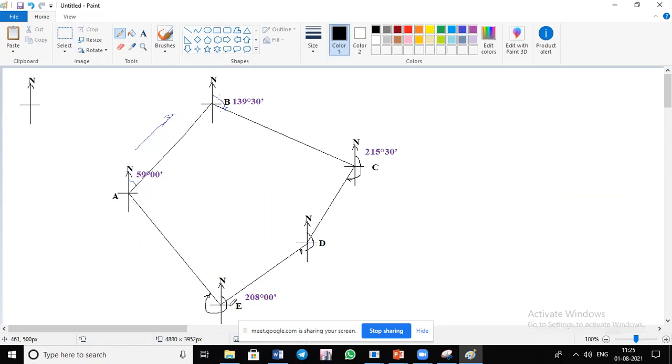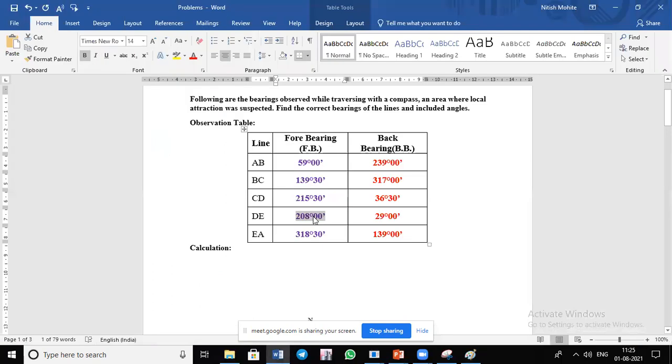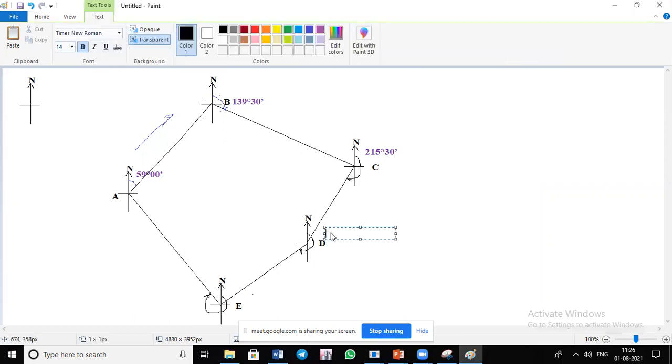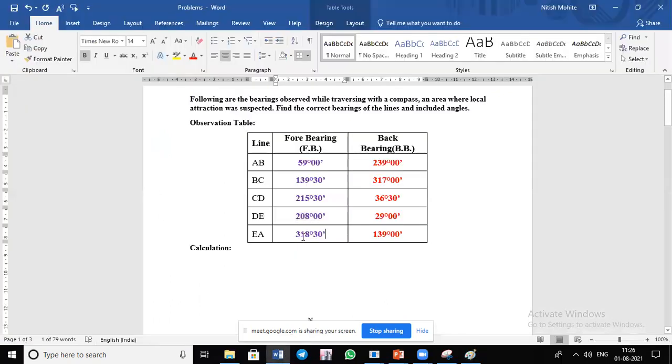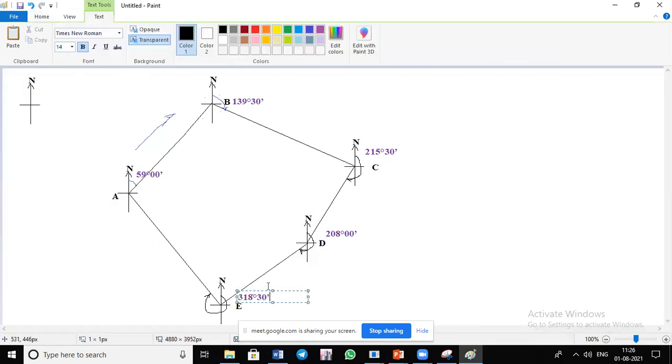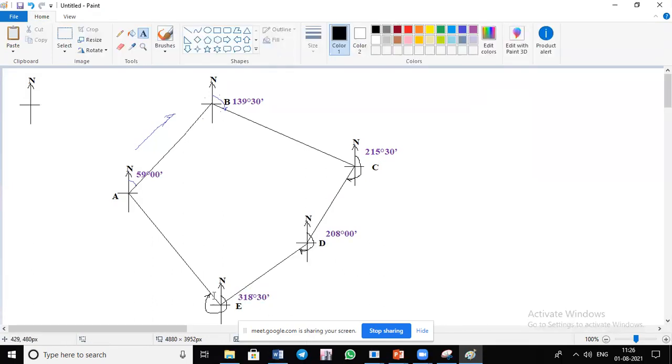Sorry, 208 degrees is of the DE line, not here. By mistake I wrote it there. So 208 degree here, and here it is 318 degree 30 minutes.